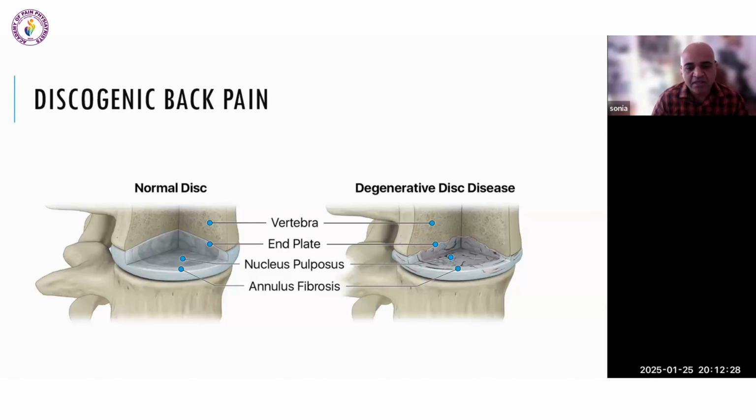But as the discs start degenerating, which is a normal, inevitable phenomenon of physiological aging, or even trauma-related or repeated axial load, this leads to degeneration of the discs that can cause annular tears. This can cause leaking of the pulposus to the periphery, and this starts the interplay of inflammatory changes between the vertebral end plate and the disc.